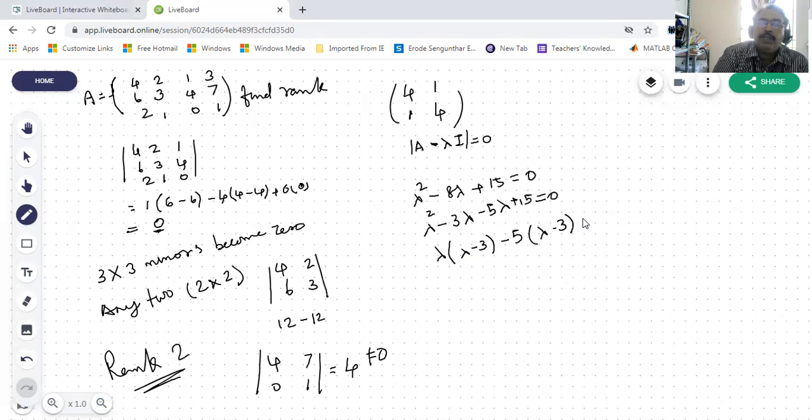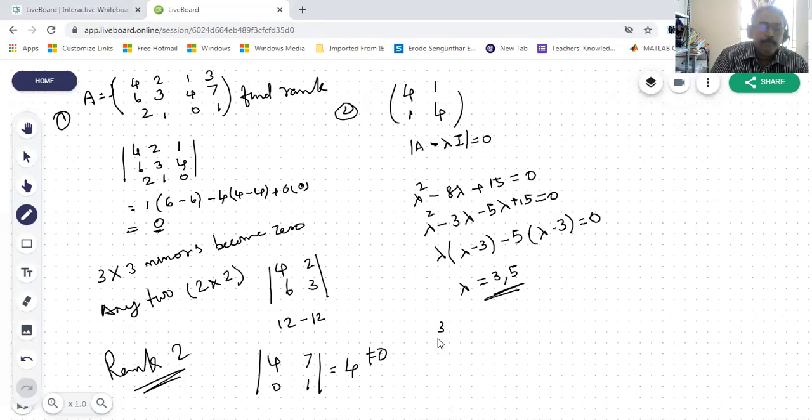Quickly we can factorize, and lambda is equal to 3, 5. You are not expected to do it until the end, you are going to find the values. Lambda is equal to 3, 5. This is another question. Question number 1 and question number 2 are with respect to the matrix.